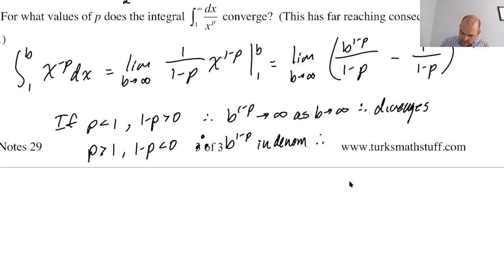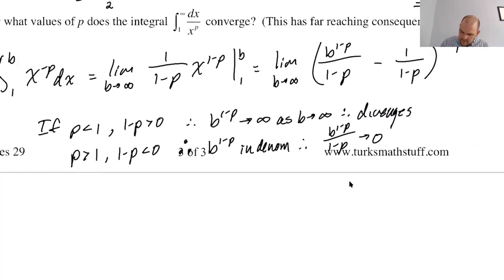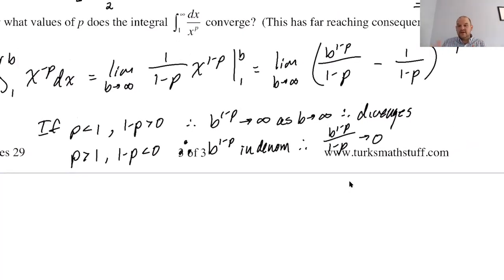And therefore, b to the 1 minus p over 1 minus p will go to 0, because that's all in the denominator, and b is going to infinity. So you're basically getting 1 over infinity at that point. We'll just talk our way through it. Getting 1 over infinity, which is definitely going to be 0. So we converge.